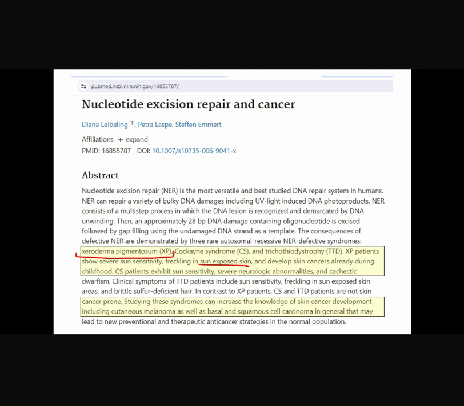These patients are highly at risk of skin cancer. And sometimes they're referred to as children of the night. They cannot go outside and expose their skin to sunlight, so they can only go outside at night.